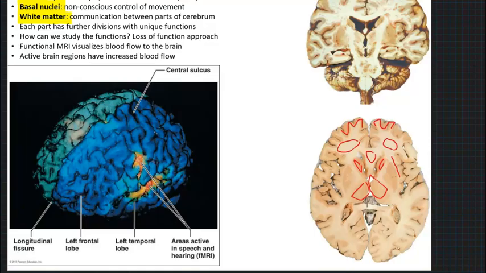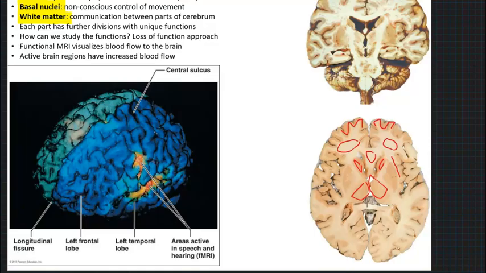I want to highlight one important thing, folks, and I'm going to repeat those words again and again. The central nervous system, whether it's brain, brainstem, or spinal cord, does not contain nerves. Nerves are peripheral structures. Now, you may wonder how the different parts of the brain and central nervous system in general communicate.